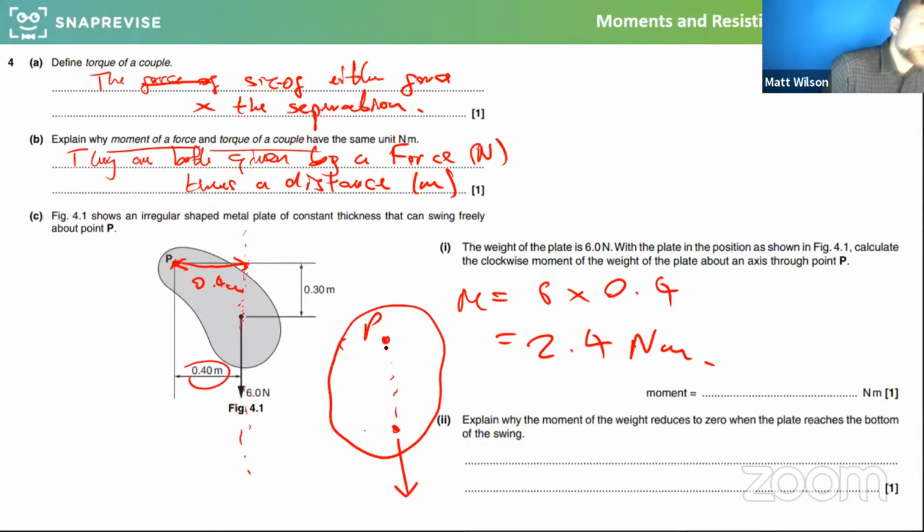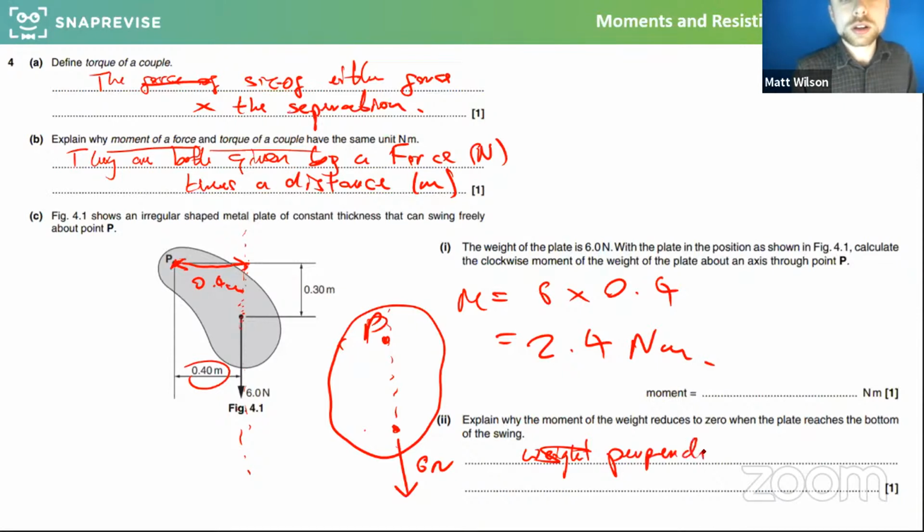Well, then the distance between where the weight is acting, which is 6 newtons, and the point that we're calculating around is going to be 0, so the moment will be 0. So the perpendicular distance between P and the weight is 0.